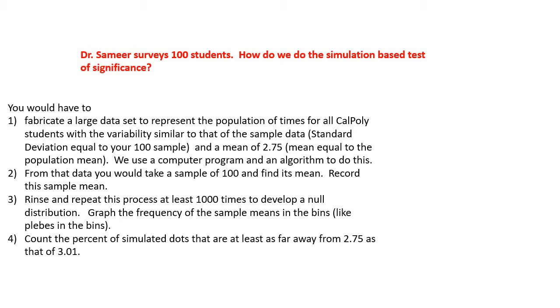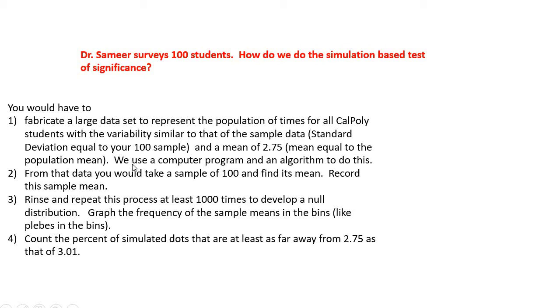And we can't do a flipping of a coin exercise to do this because these are quantitative variables, so we need a computer algorithm, and once we know the mean and standard deviation, we can create that. I mentioned before I did this with data people wouldn't share because they wanted to hold on to it and write papers, and so if I know the mean and standard deviation, I can make you that null distribution. So that's how that's done.